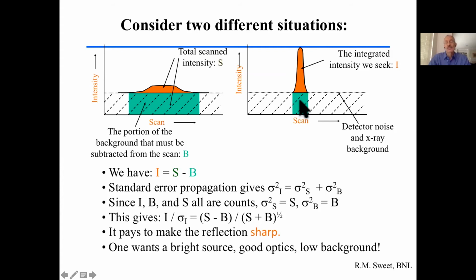The mosaicity is small, the background is low, and the standard error propagation rules are here as I described briefly previously. So I over sigma ends up being like this, and it pays to make the reflection sharp. So one wants a bright source, good X-ray optics, and low background.